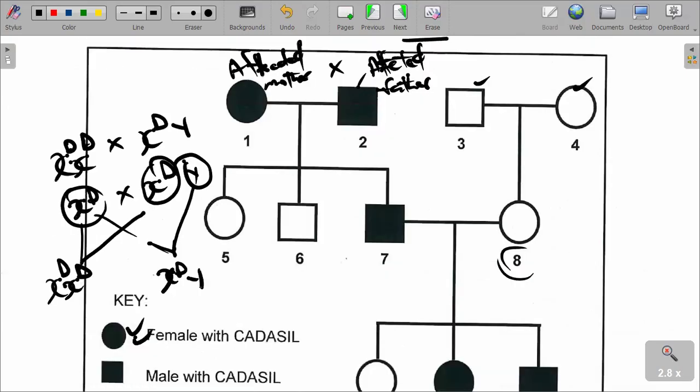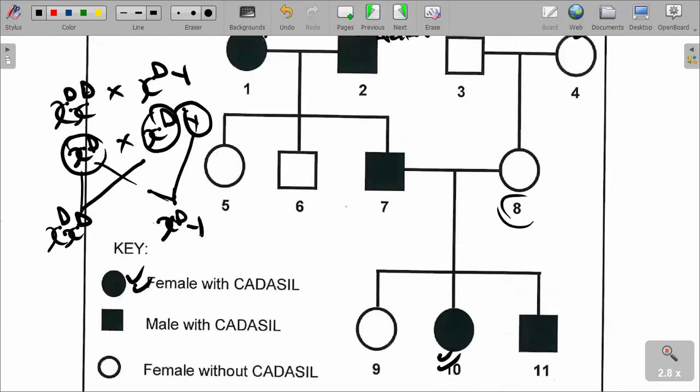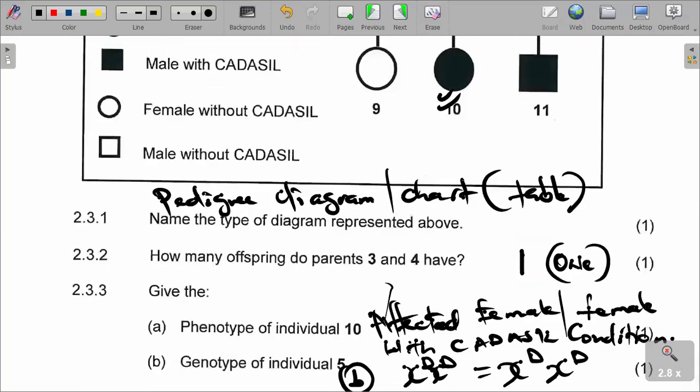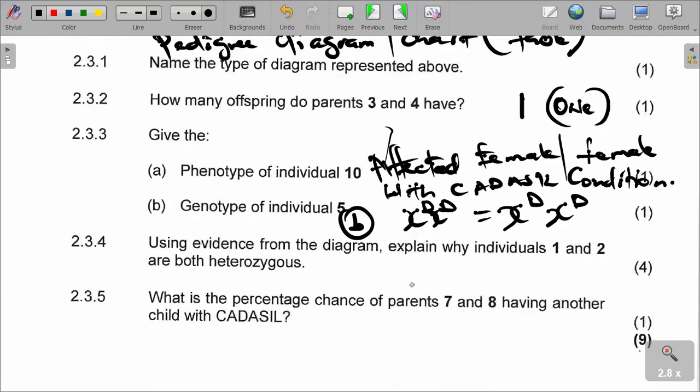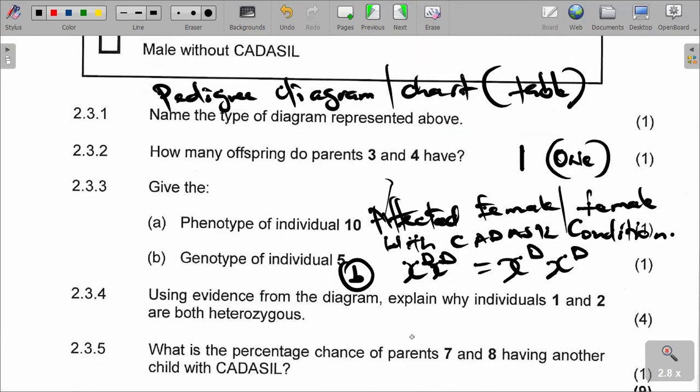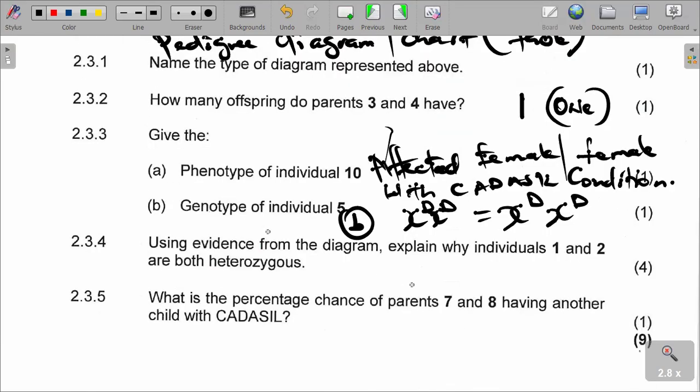We are saying they can be heterozygous because they have unaffected children there. That is because we have two sons who are unaffected.